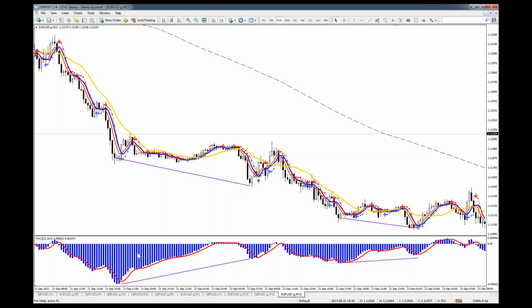Well, in this case, the 5 and the 34. It takes the 12 and 26, measures the distance, then takes a 9-period moving average of that difference. Of the difference. Right. So as the 12 and the 26 collapse, then MACD accordingly collapses with it or expands with it, and the speed at which it collapses is what is going to end up giving you some of these divergences.